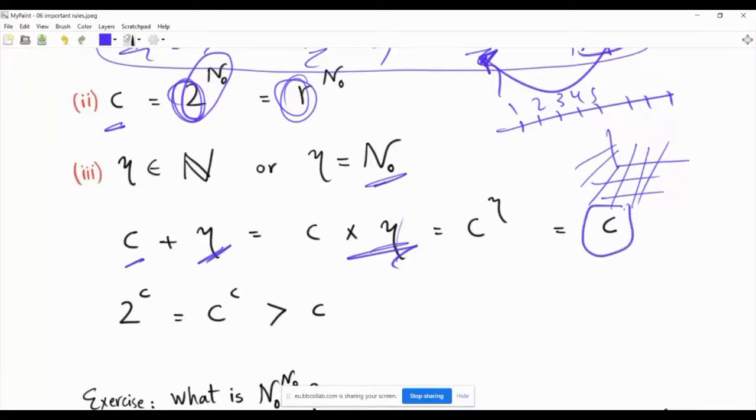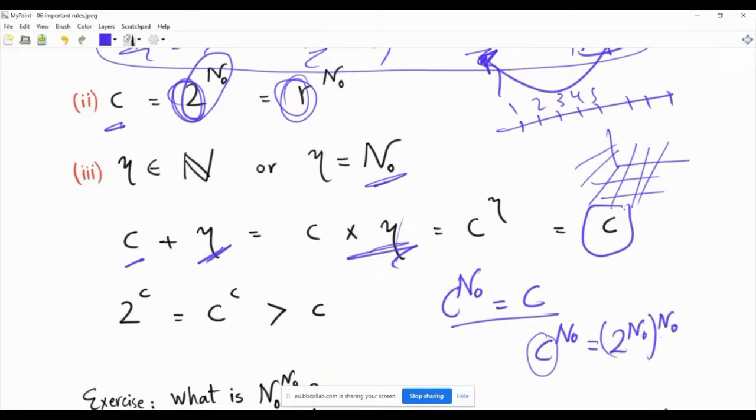Okay, so I'm claiming here that C to the Aleph node is actually C, and one way of seeing this is that C itself is 2 to the Aleph node, like this.